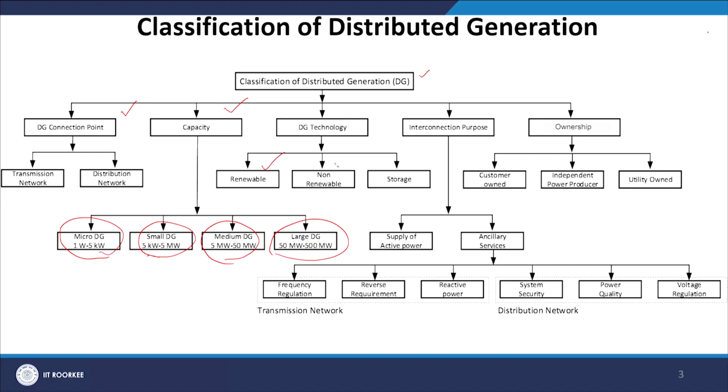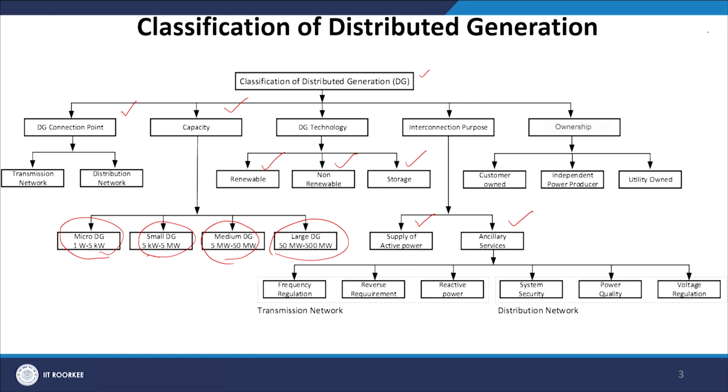Now, based on technology, the distributed generations are also classified into renewable, non-renewable, and storage. If you look into the interconnection issues, then there are two major categories. One is supply of active power, and the second one is ancillary services.